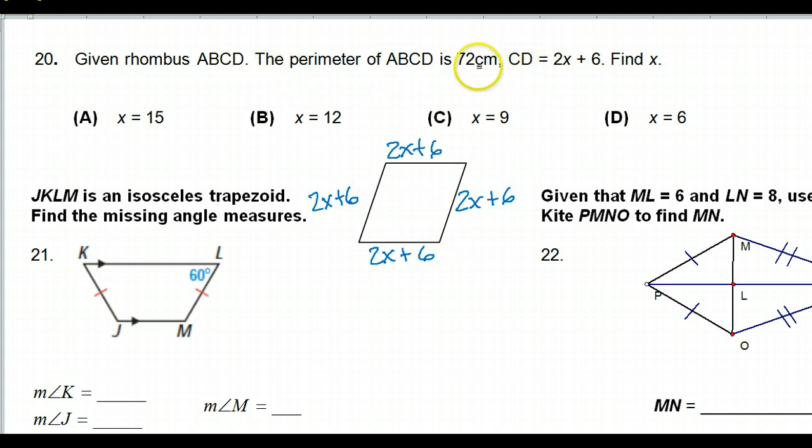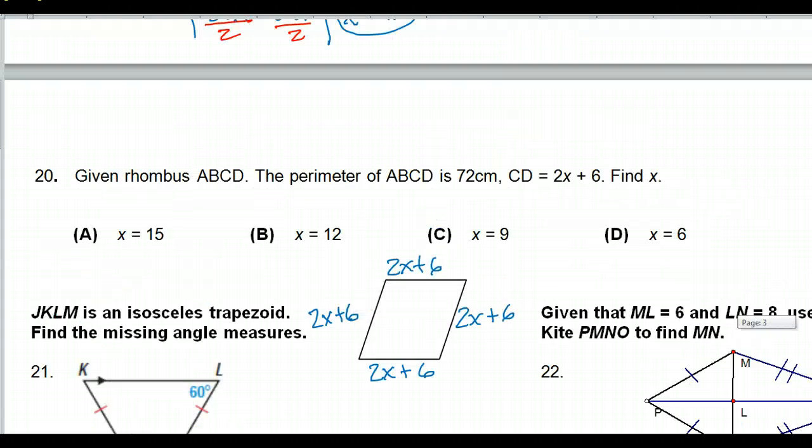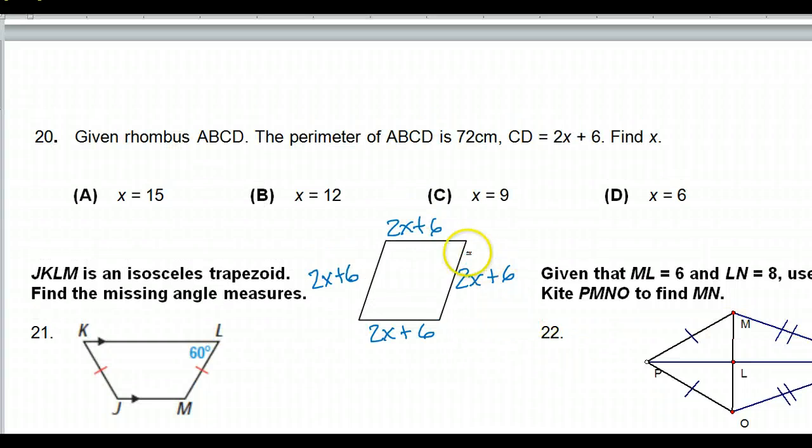The perimeter is 72. Alright, do you know what perimeter means? Perimeter means adding up all the sides. So that means if I take 2x plus 6, now the quickest thing to do would be just to do this times 4.